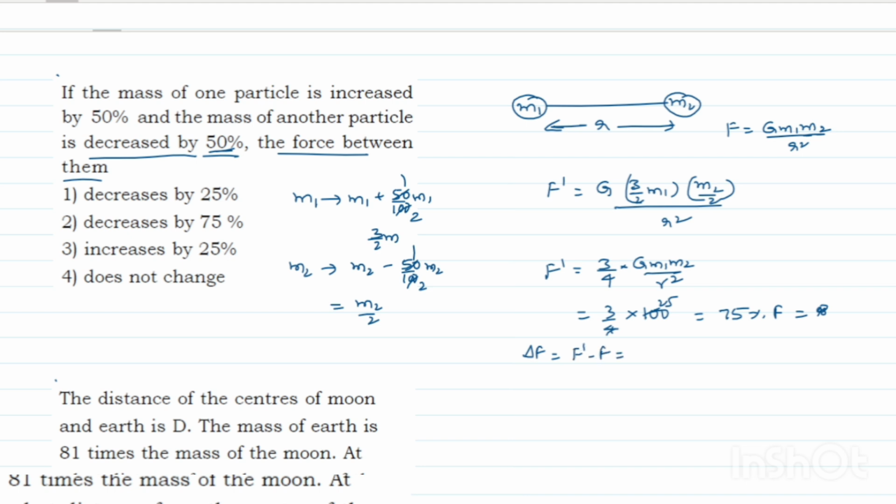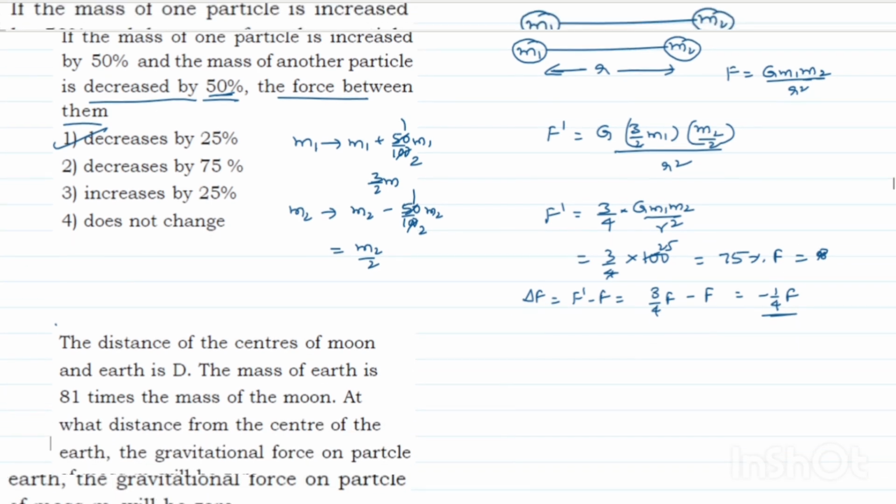Here f dash is nothing but 3/4 of f, minus the initial force f, which is nothing but minus 1/4. So we'll be getting that it decreases by 25% of the force.